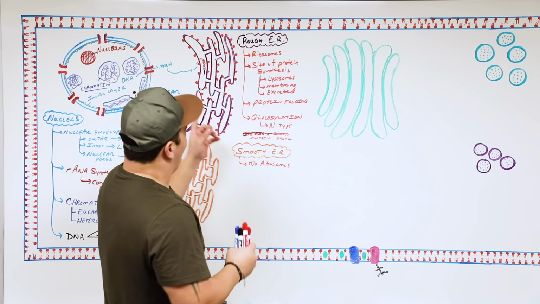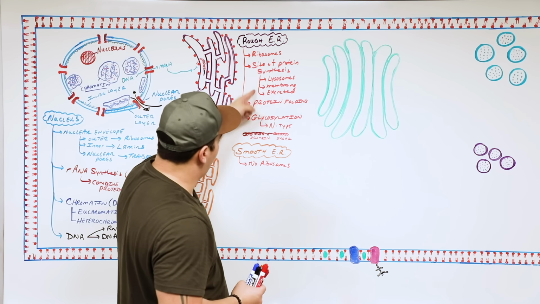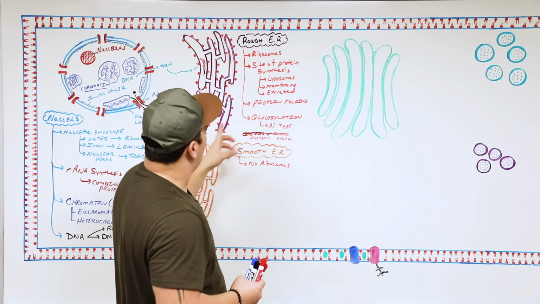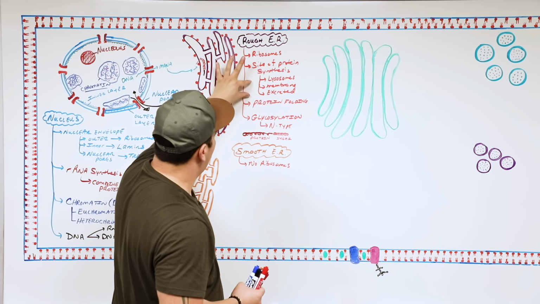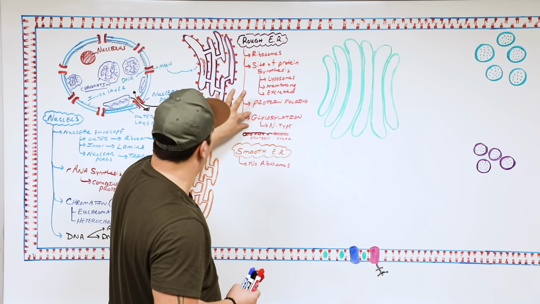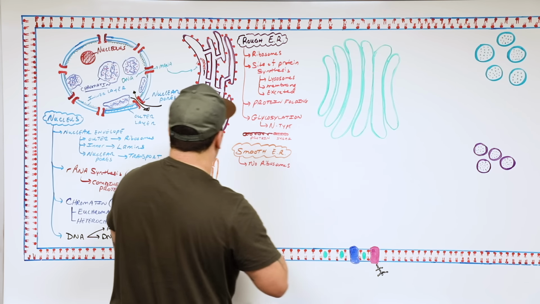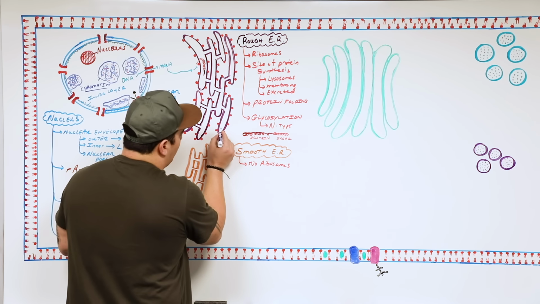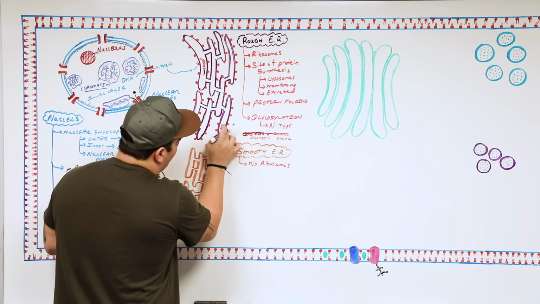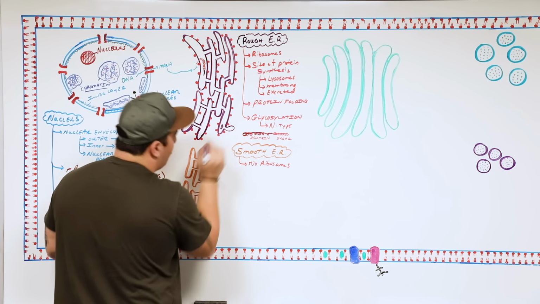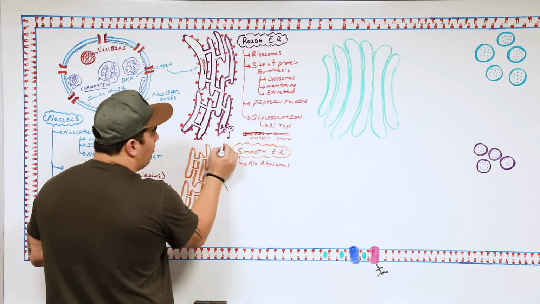Now, one last thing for this: remember I told you about the site of protein synthesis for these particular proteins. After the rough ER has gone through the process of synthesizing it, folding it, and then glycosylating it, it then has to package it. So let's say that here's the protein. The protein will bud into this little portion of the rough endoplasmic reticulum, and when it does that, it'll bud off.